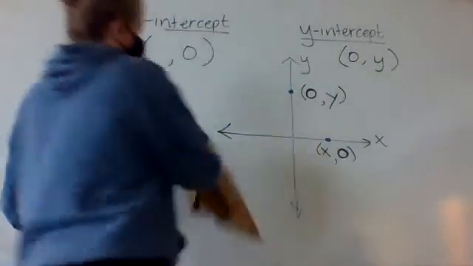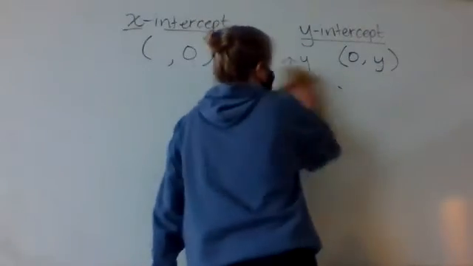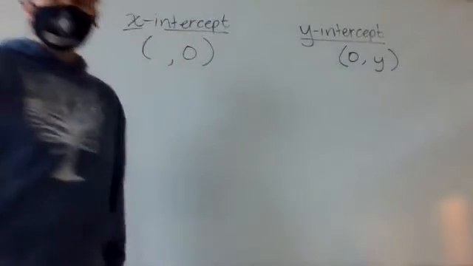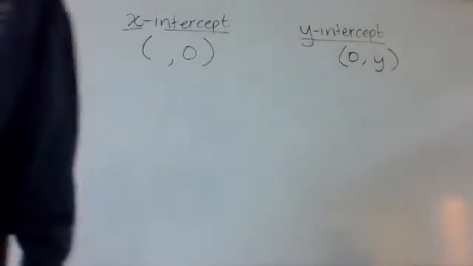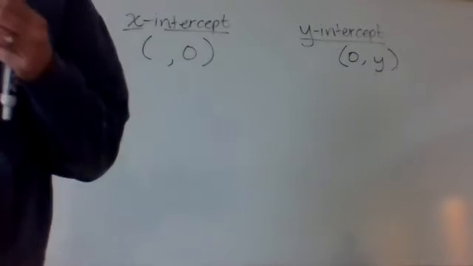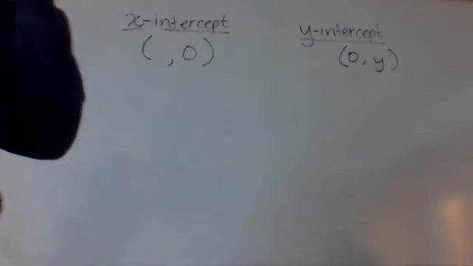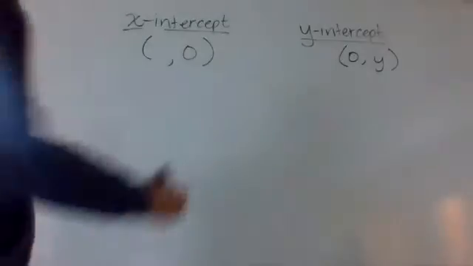So let's look at a couple of these. Again, it wants you to still graph the line, but use those specific points instead of any points. Number 1 says x minus 4 equals y.